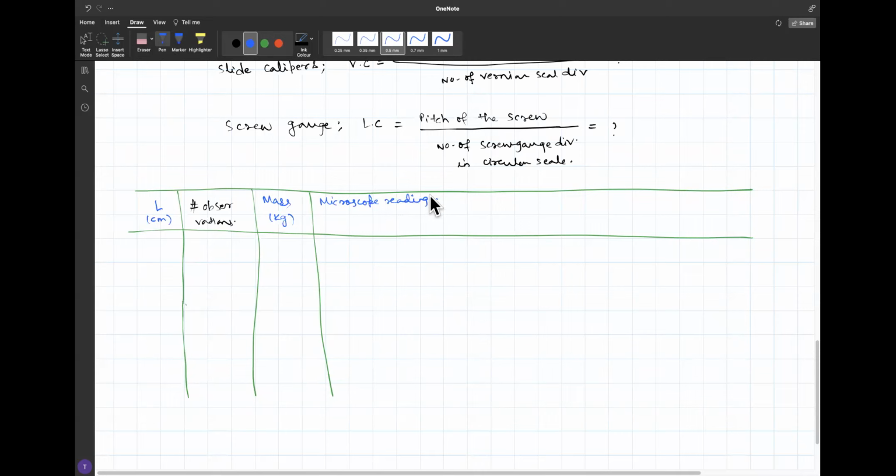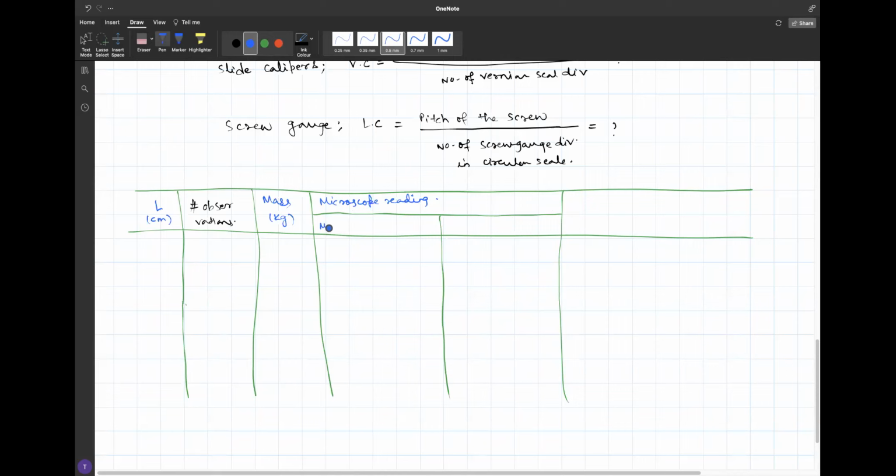So I will do it both for increasing and decreasing load, but I leave it to you what Vishal tells you and what you want to do. But if I were you, I would definitely do it for increasing and decreasing load. So this is increasing load.